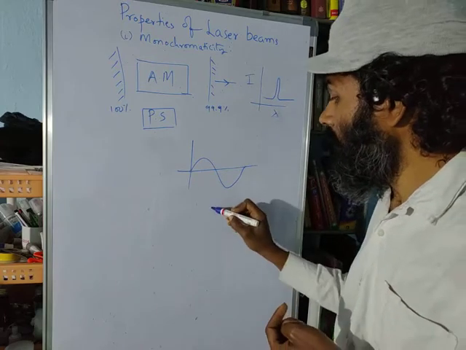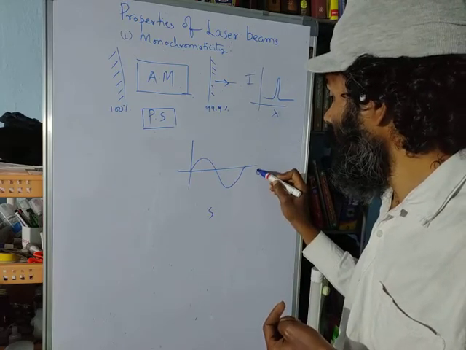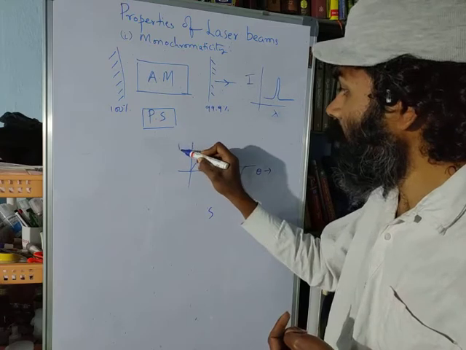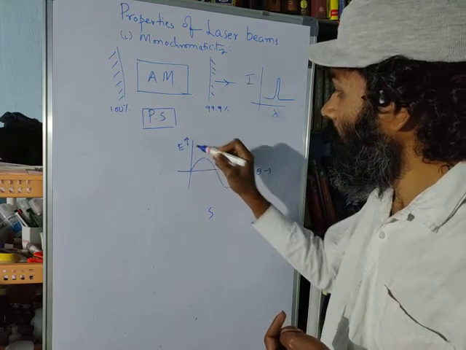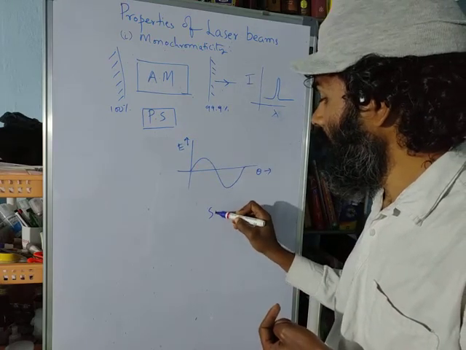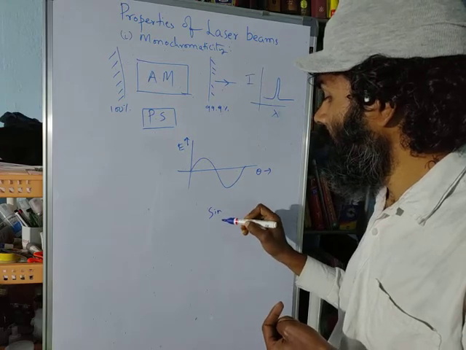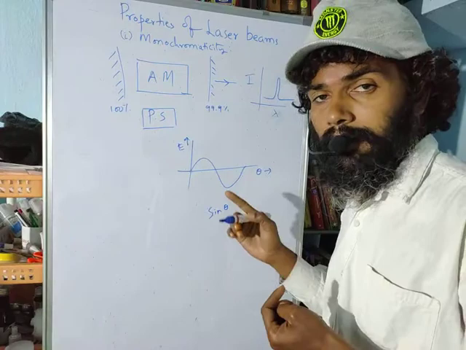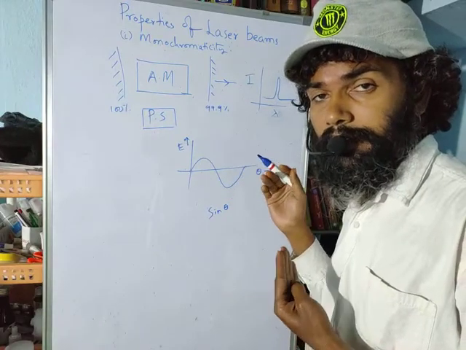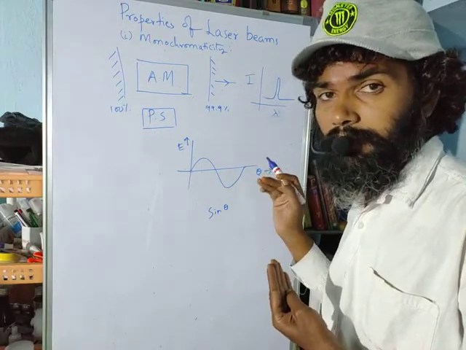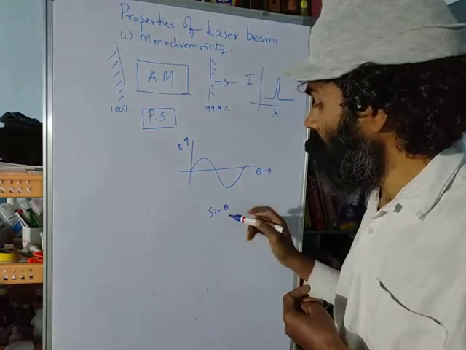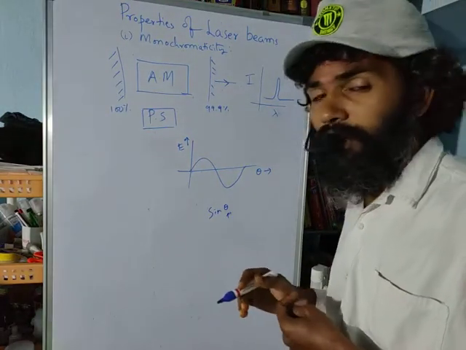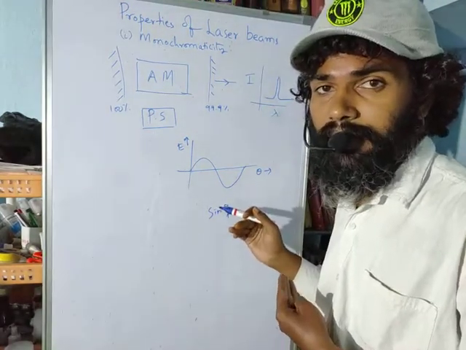If you call this the theta axis and this the electric field axis, then E goes as a sine theta function, where theta could involve either a spatial coordinate or a temporal coordinate. This theta is usually called the phase of the wave.